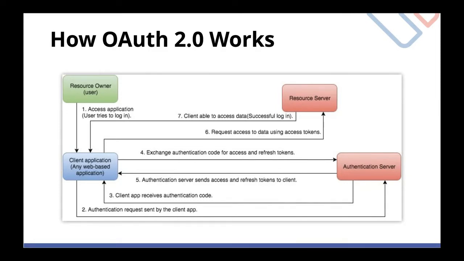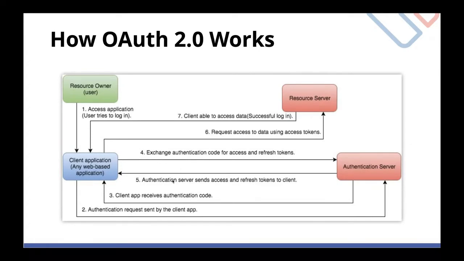The client application initiates an authentication request to the authentication server, which returns an authentication code. Using this authentication code, the client application again requests an access token and refresh token. And with a valid access token and refresh token, the client will be able to access the data. So this is the actual process.